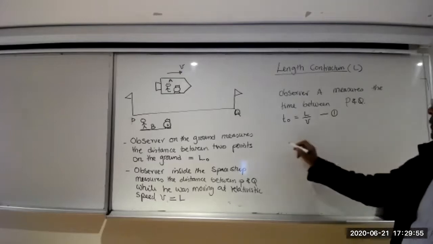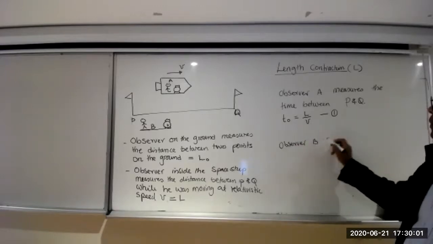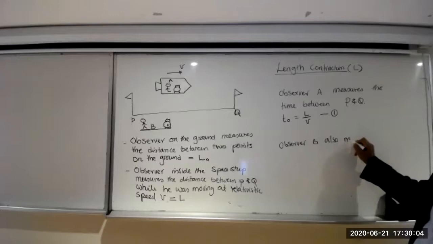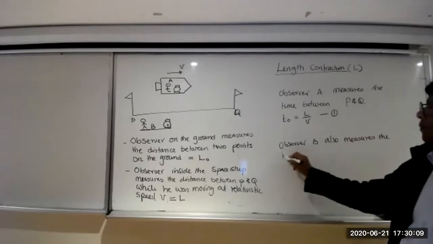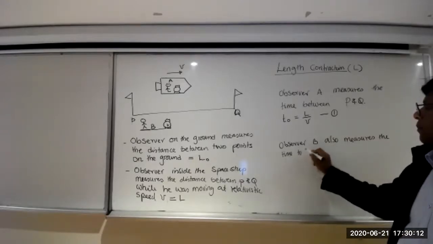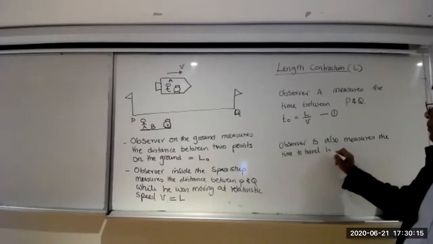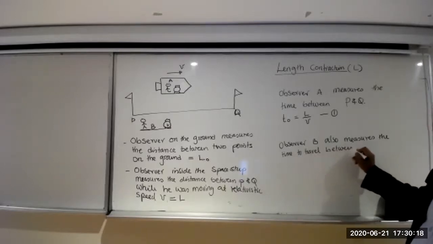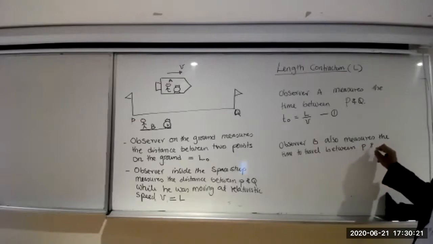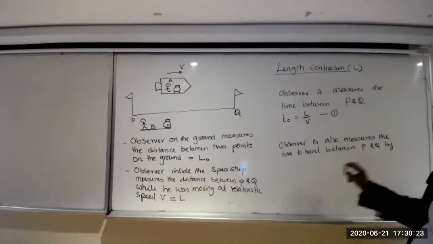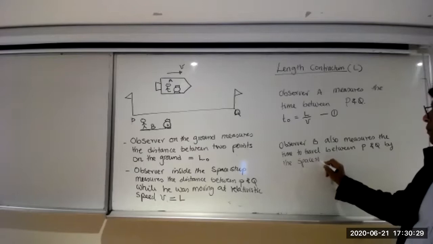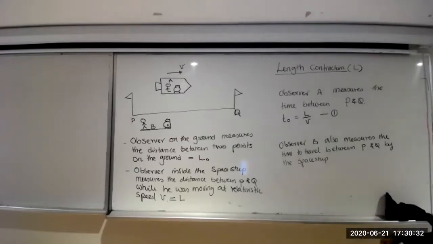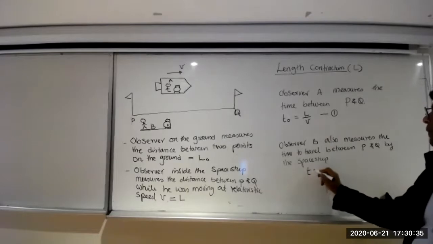And then the observer B also measures the time between P and Q by the spaceship. So he's saying that, oh, that time is T.